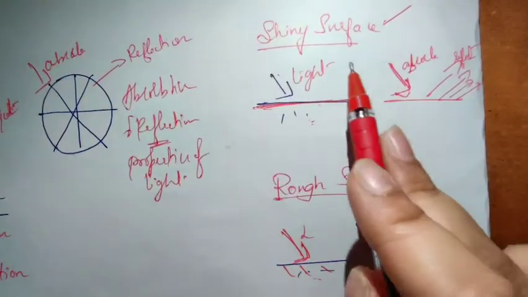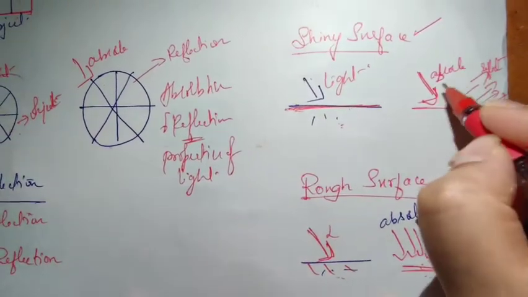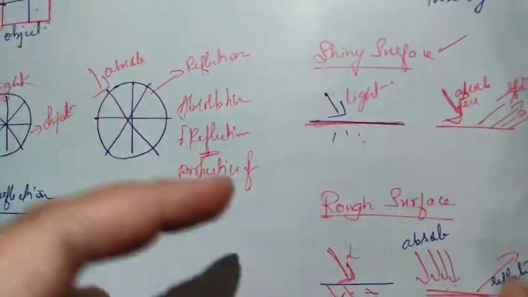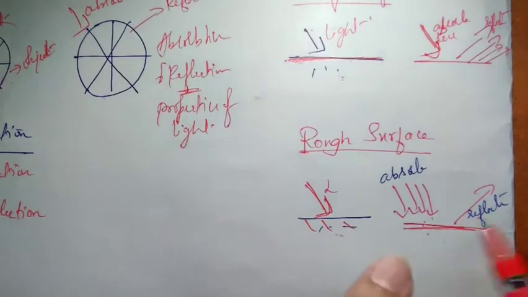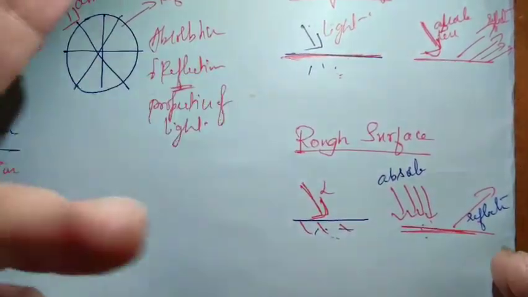So in the case of a shiny surface, absorption of light will be less but reflection will be more. But in the case of a rough or grainy surface, absorption of light will be more but reflection will be less.